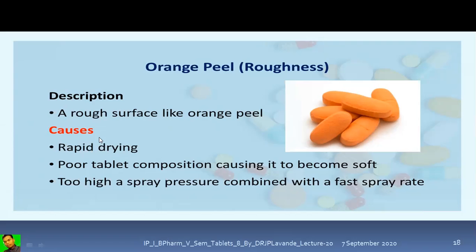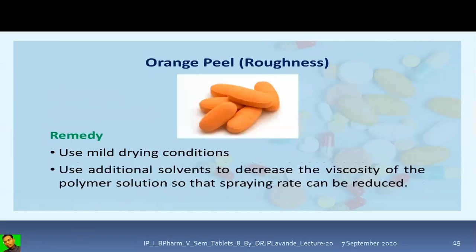The causes will be rapid drying, poor tablet composition causing it to become soft, and too high a spray pressure combined with a fast spray rate. So this will cause the effect which is the orange peel, and it is one of the defects of tablet coating. Now this can be treated with the help of a remedy.